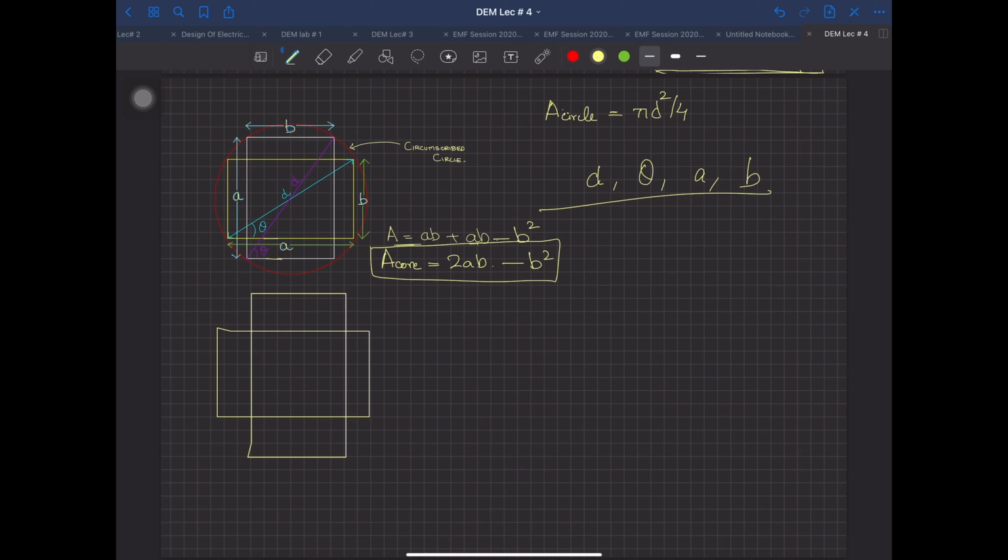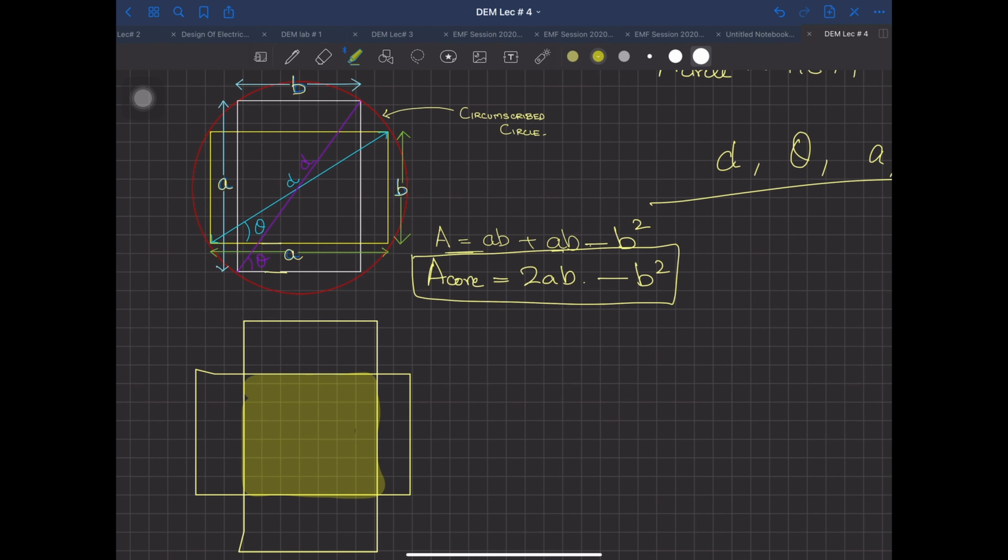Total core area is AB plus AB but minus B square because this region is being repeated in both of this one. Okay? Now, the relationship between A and B. Come on. Again, you can use sine theta or cos theta, totally up to you.